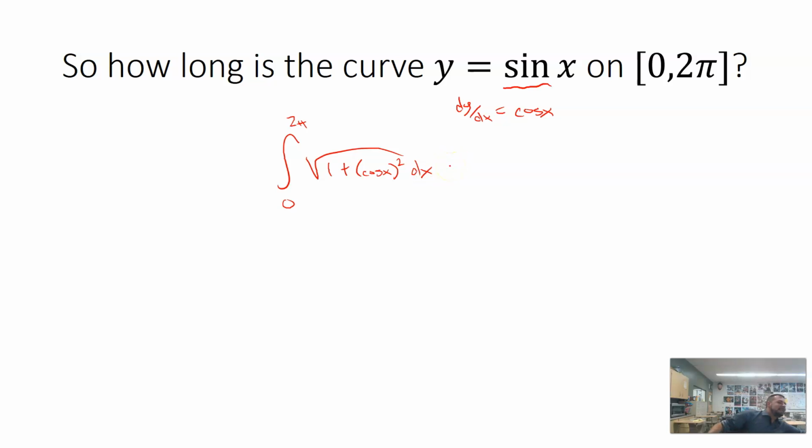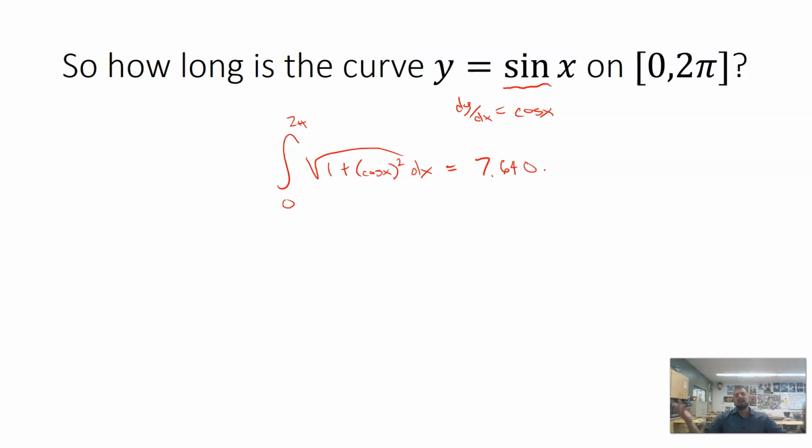Then I would type that right into my calculator using Math 9. So I just push Math 9 on the calculator, go from 0 to 2 pi of the square root of 1 plus the cosine of x squared dx. And when I do that, my calculator thinks for just a second, and it tells me the length of that curve is 7.640, whatever the units are.